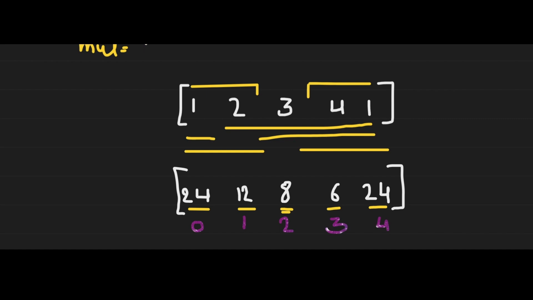So we'll take it as 1. And when we go from index 1 to index 2, we will multiply this multiplication with the number on the left. So 1 multiplied by 1, it will be 1. So for 2, the multiplication on the left side will be 1.